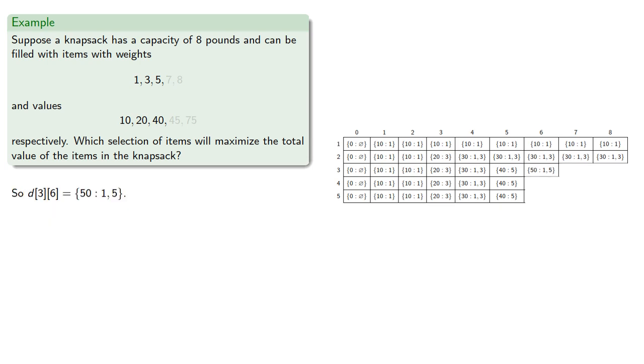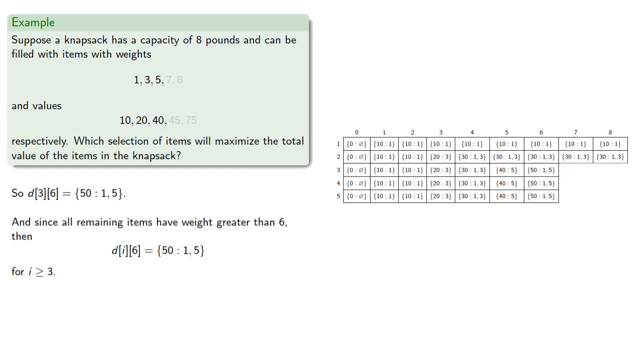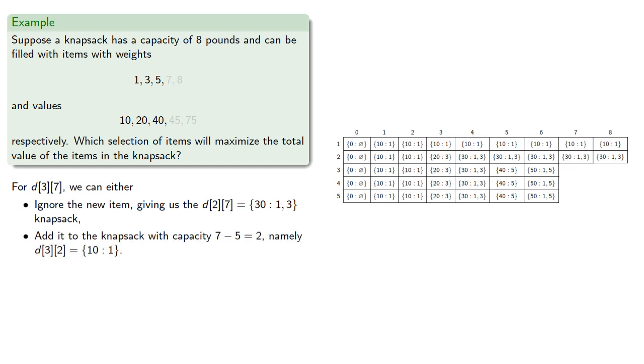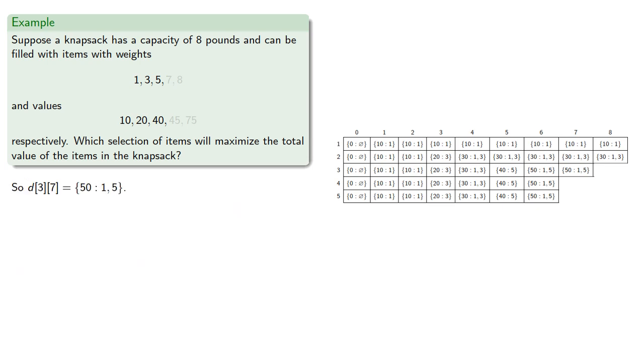So D of 3, 6 is going to be that, and since all remaining items have weight greater than 6, then for D 3, 7, we could either ignore the new item, giving us the D 2, 7 knapsack, or add it to the knapsack with capacity 7 minus 5, 2. Again, this would give us a 5-1-5 knapsack, which has greater value. And so D of 3, 7 is this, and likewise D of i, 7 is going to be this for all i greater than or equal to 3.